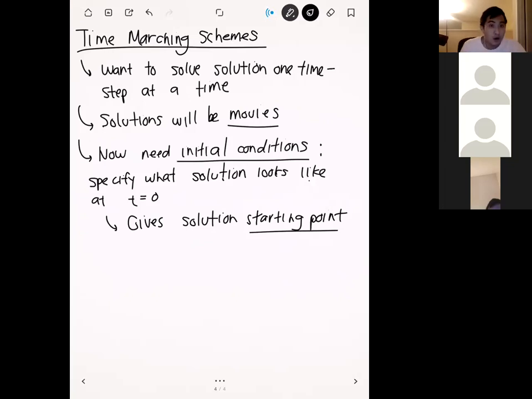Unfortunately, since we're introducing a whole new set of theory here, we need some additional notation. We need some more bookkeeping.